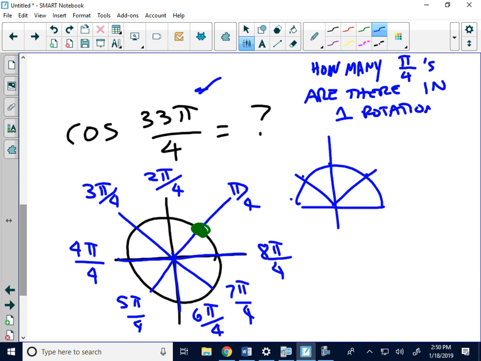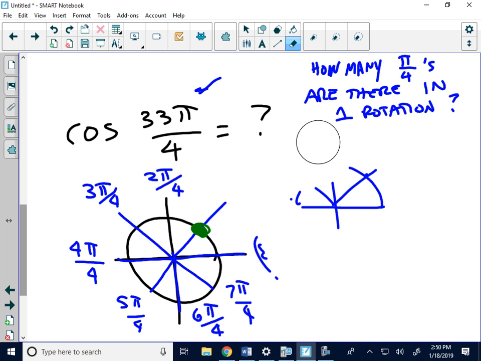How many? 8, right? 1, 2, 3, 4, 5, 6, 7, 8. 8 pi's over 4 is the same as 1 rotation. And so the question is, what's the cosine of 33 pi over 4?